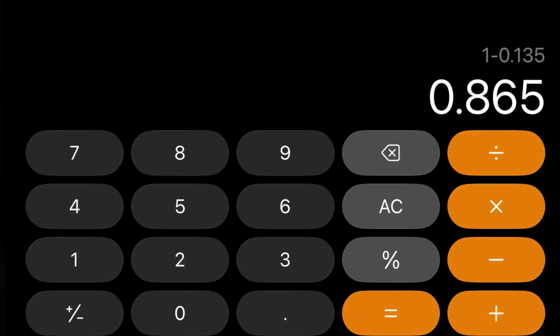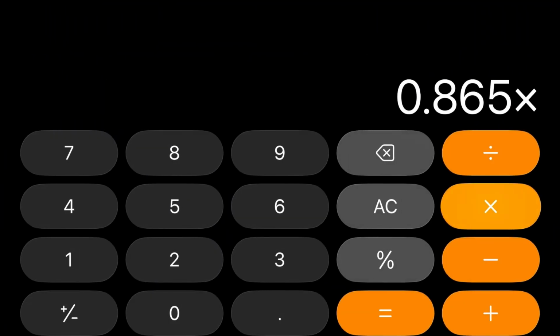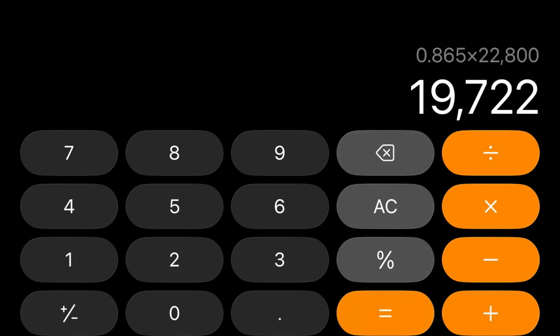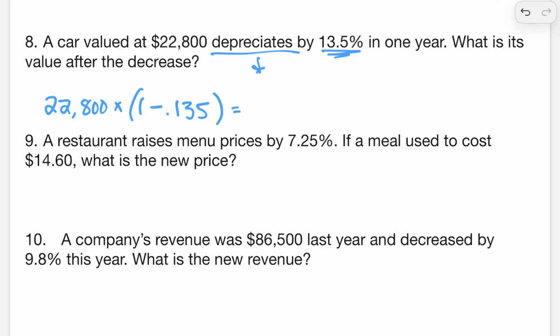We're going to multiply it by 22,800, and we get 19,722. That is the new value of the car.